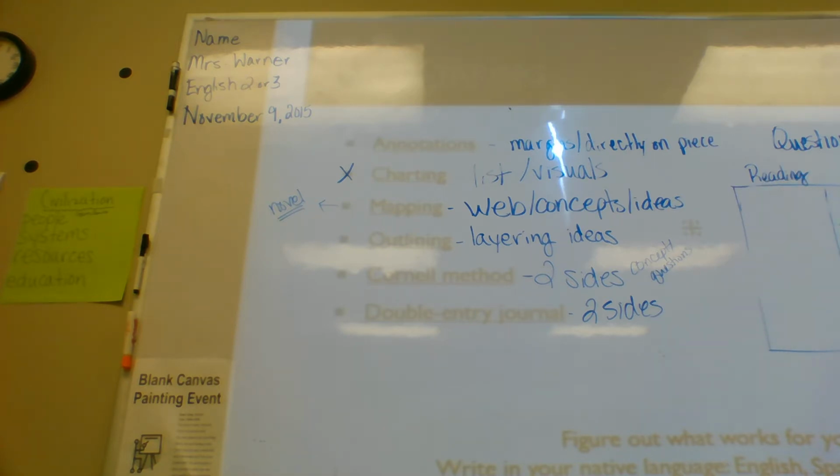So my students used to write a summary and response essay. Over here they would have their summary, and on this side they would have their response. So anything that was about the summary was over here. Over here was anything that came from them, their response.